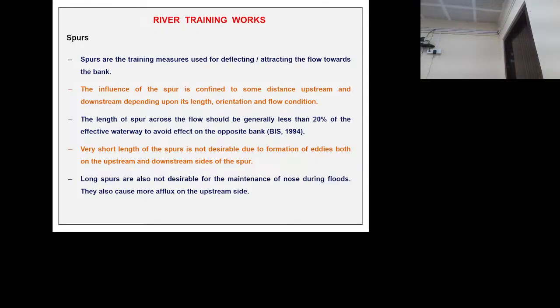Suppose flow is coming like this. If you want to divert flow from this one, a normal spur is to divert the water so that water should not come to the bank. This is the normal spur, and the other one is the attracting spur.